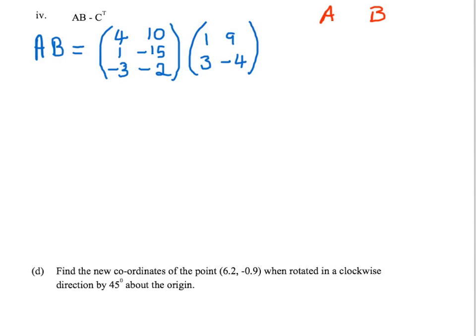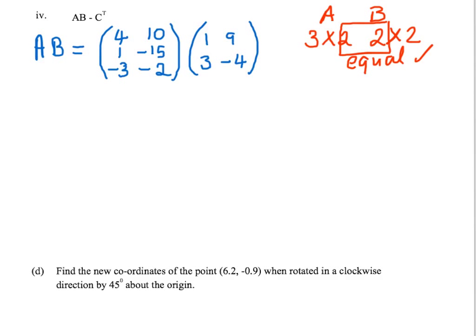The order of A is 3 by 2. It has 3 rows and 2 columns. The order of B is 2 by 2. Now, if two matrices A and B are to be multiplied, these two numbers that I'm putting a box around have to be equal. In this case they are equal, so I can multiply.